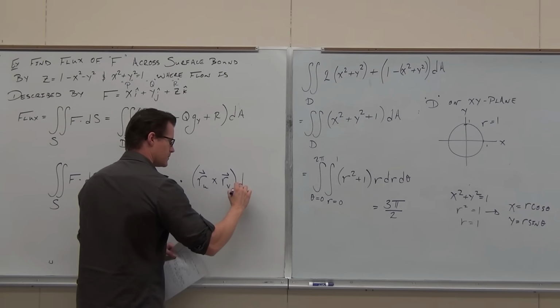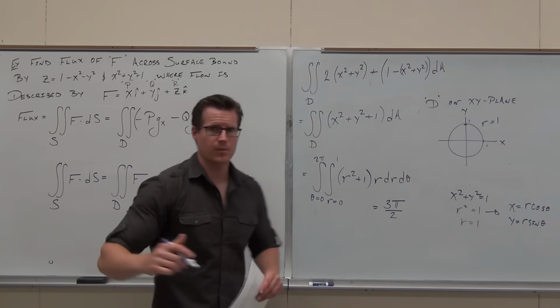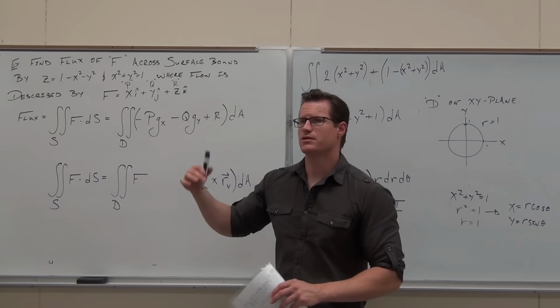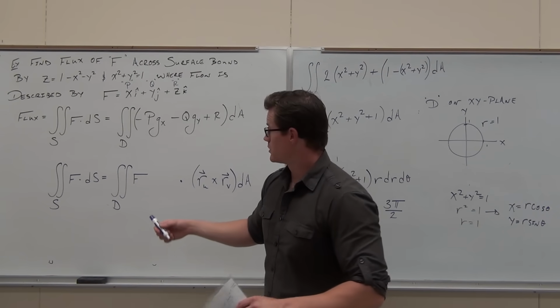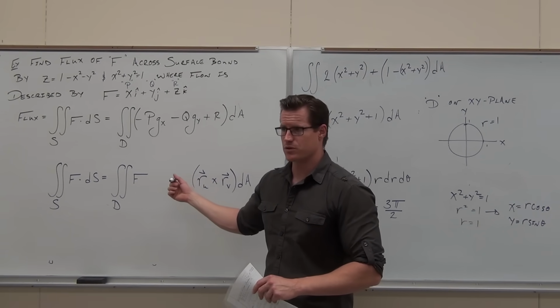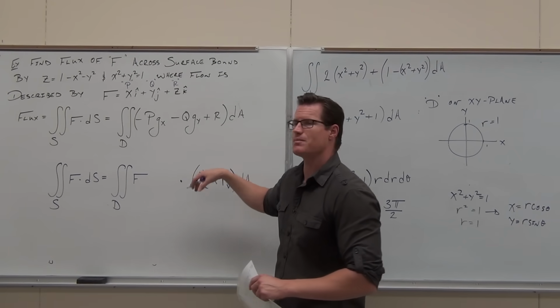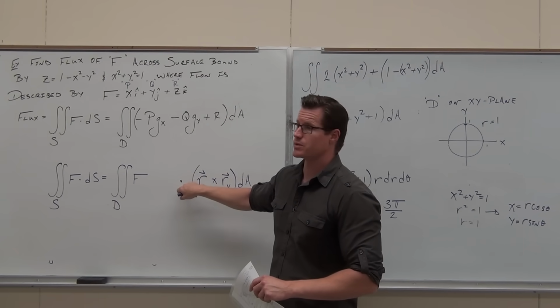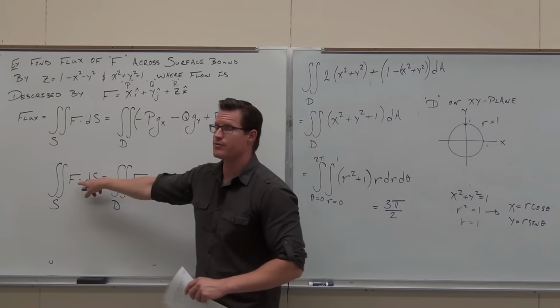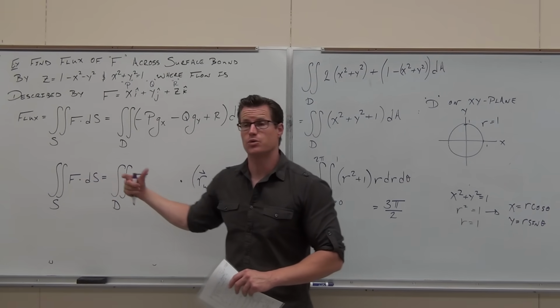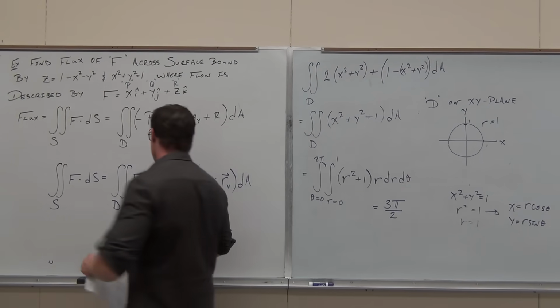Does that look familiar? That part. If you have a parametrically defined surface, it's going to be a vector function with u's and v's. You find the partial derivatives. You take the cross product. You do not take a magnitude, otherwise the dot product would not make sense here. You have to have the dot product. Don't take the magnitude, so it's a little bit easier.